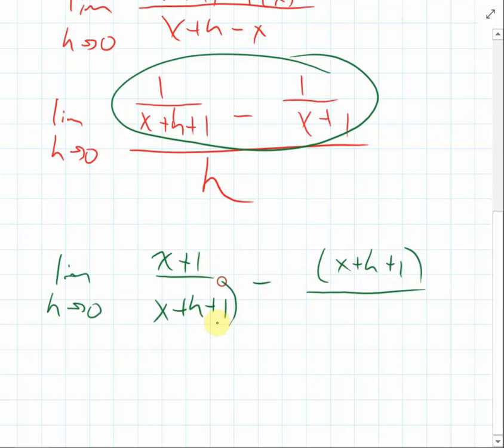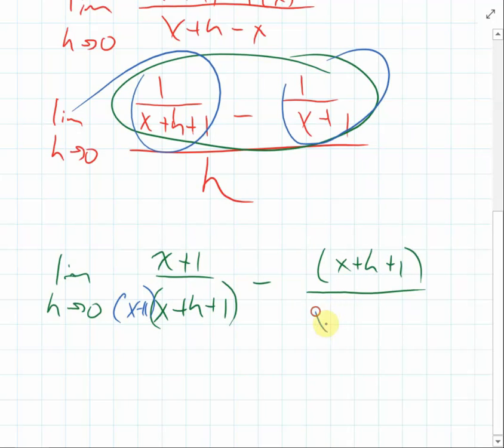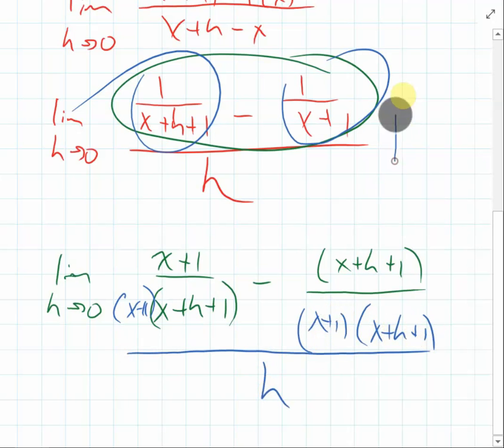I missed a piece here. I'll go ahead and put it this way. So thinking about multiplying this one by x plus 1 over x plus 1, this one by x plus h plus 1 over x plus h plus 1. And this is still all over h.